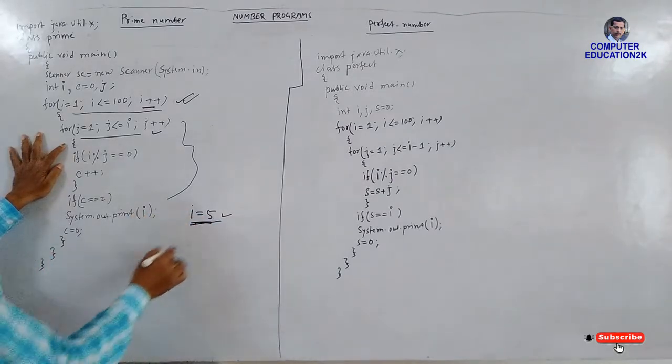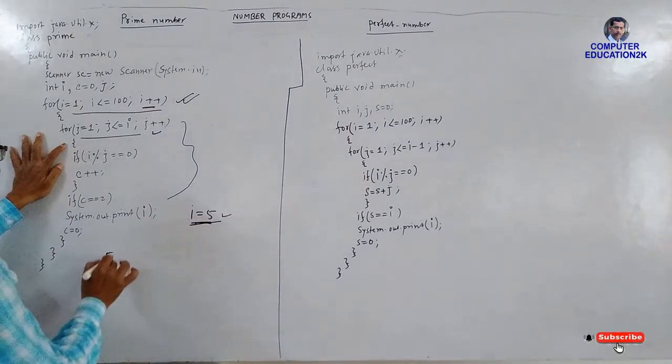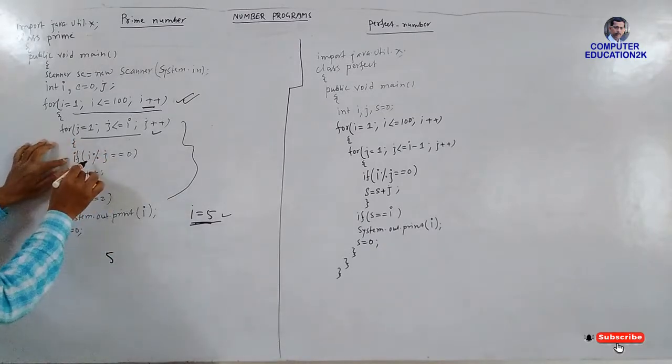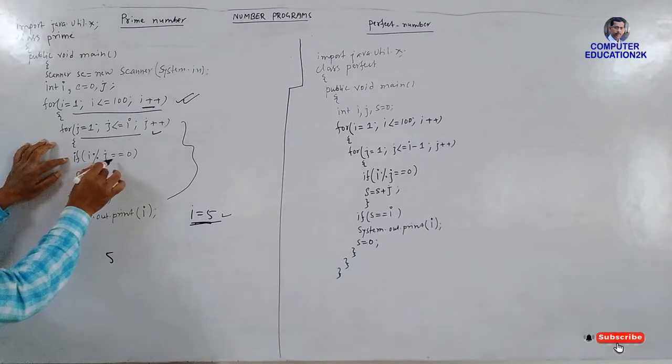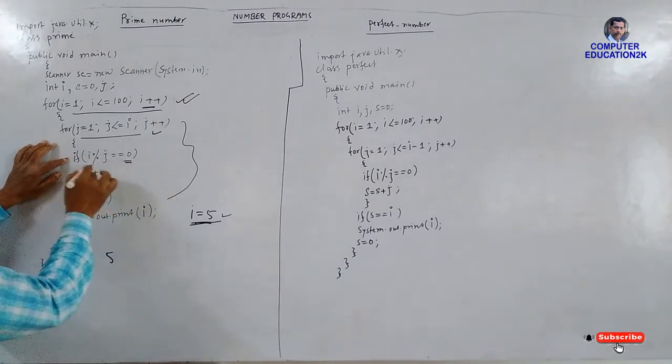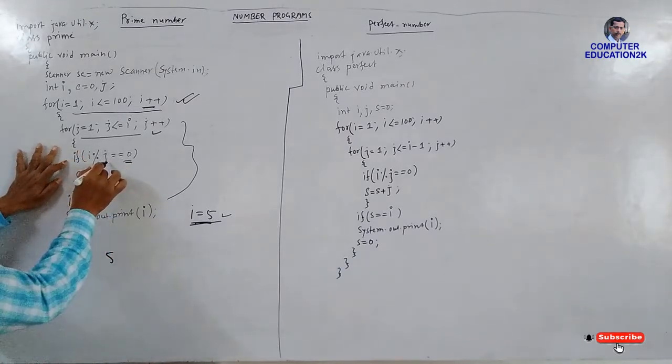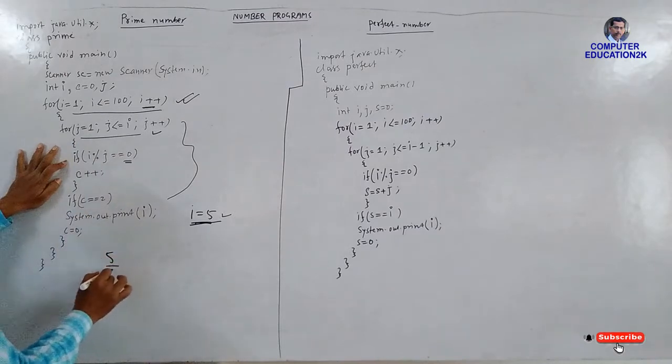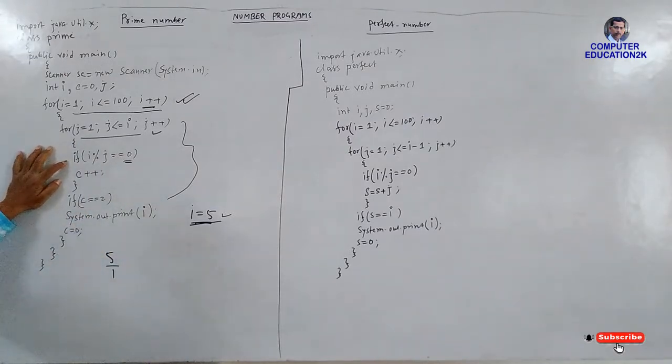See, the first time the value of i is 5. You can see the condition i modulus j, which means i divided by j, and we see whether the remainder is 0 or not. The value of i is 5, and j now is 1. So 5 by 1, is it divisible? Yes, divisible.